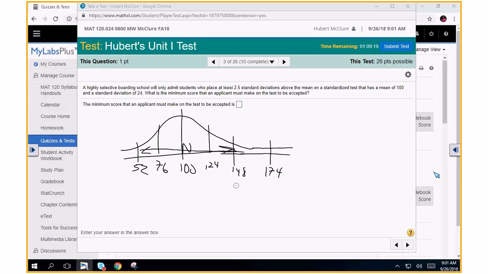Find the middle between these two: 148 plus 172 divided by 2 is 160. So this is 1 standard deviation, that's 2 standard deviations, and this would be 2.5. So the score to get you in would be 160 or above. What is the minimum score? So 160.